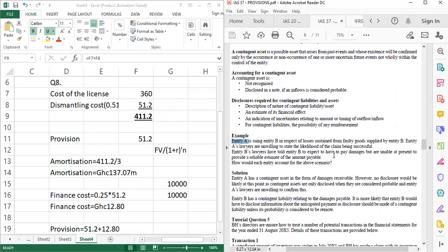So entity A will not do anything, though it's an asset; they should wait until they are paid, then recognize it. Entity B's lawyers are saying that they should prepare to pay, but they haven't given a reliable estimate. So entity B should disclose the contingent what? Liability.